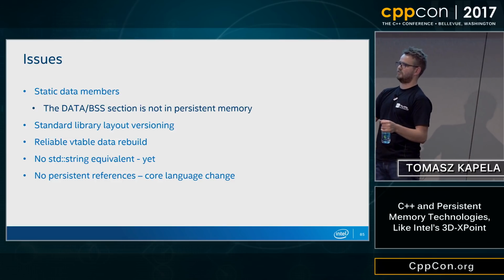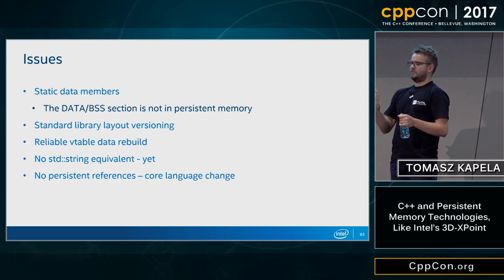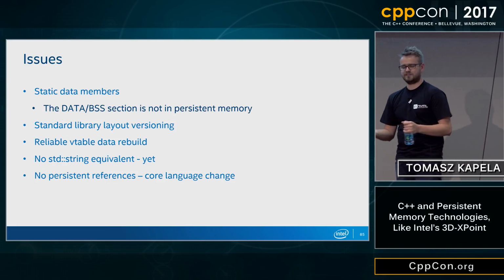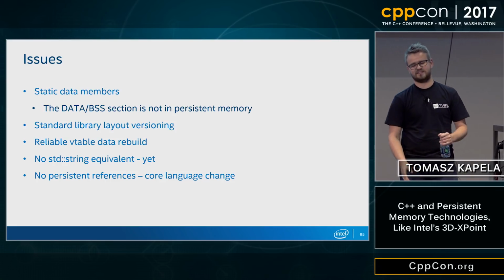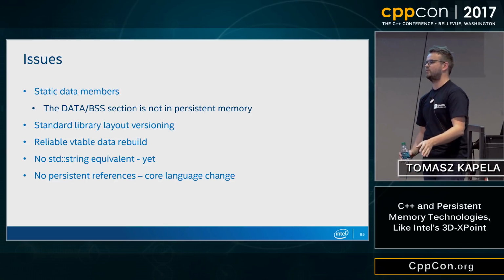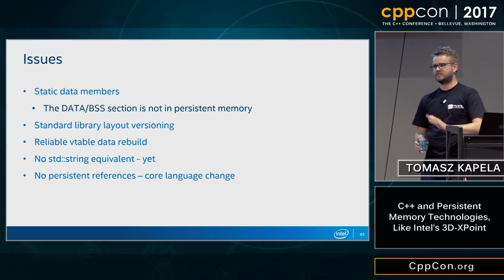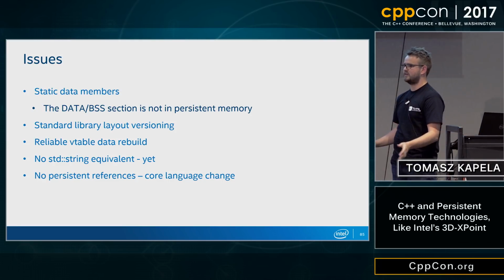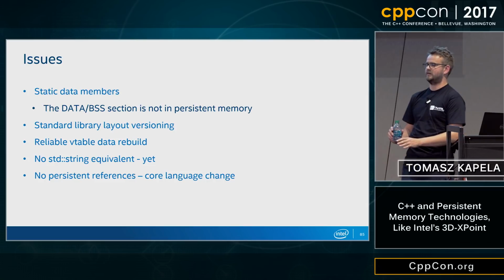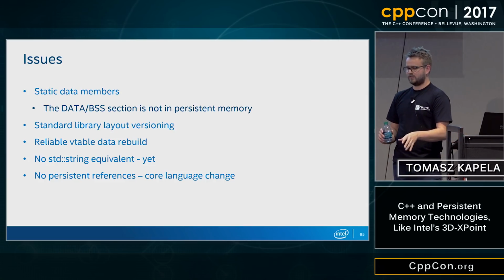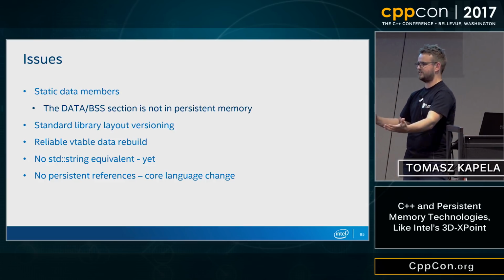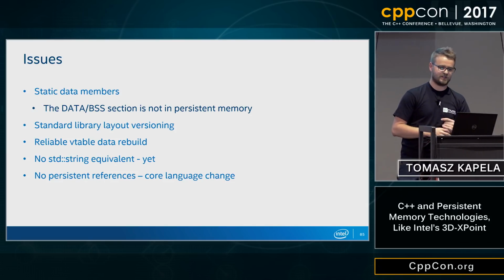So you have to bind your application, your executable, with a pool file, so that the loader knows where to load the data section. It's a bother, right? It's way more changes than we want to make. So all the data in the BSS, all your static data members or static variables, they're not going to be persistent. So don't rely on them being reloaded in the correct value if your application crashes.